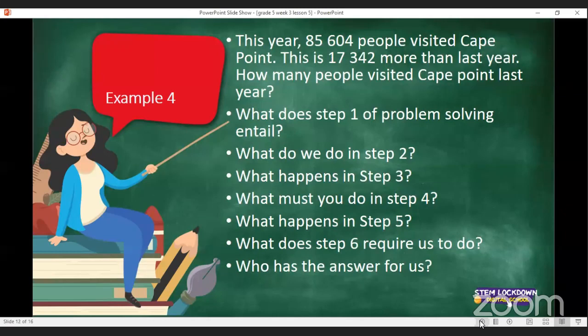So, ma'am, it will be 85,604 minus 17,342, where we say 4 minus 2 is 2. 0 minus 4, it can't, so we have to borrow from the next digit. It will normally be 6, but it will be 5, and then this side will be 10. So we say 10 minus 4, which is 6. Then 5 minus 3, which is 2.